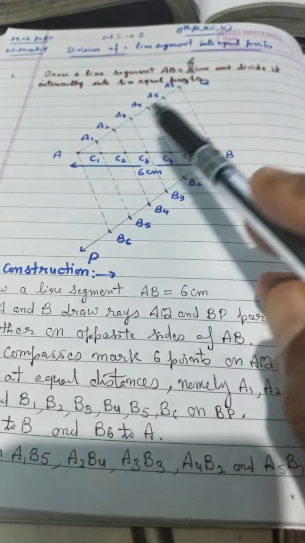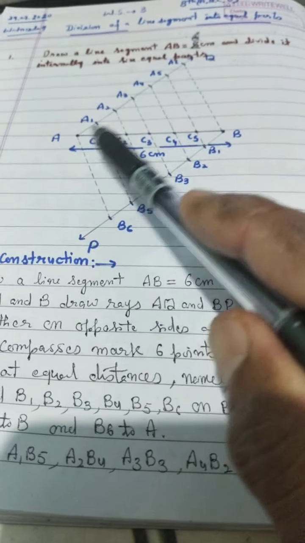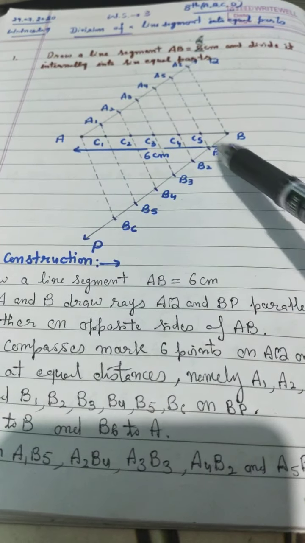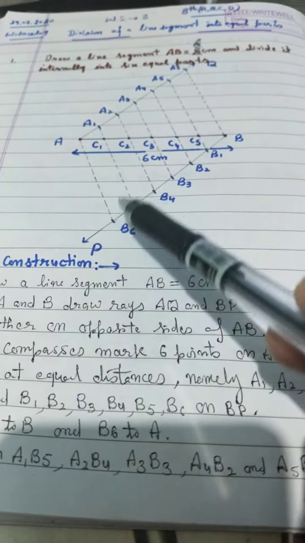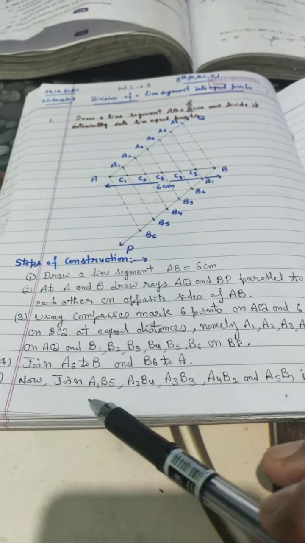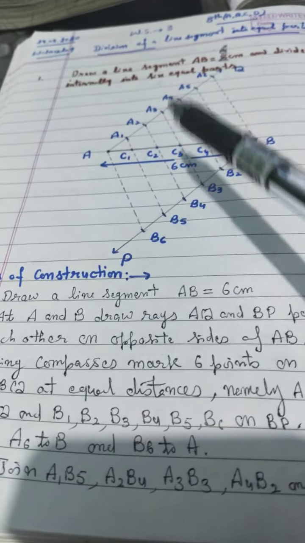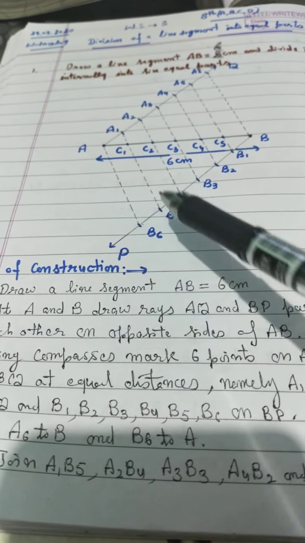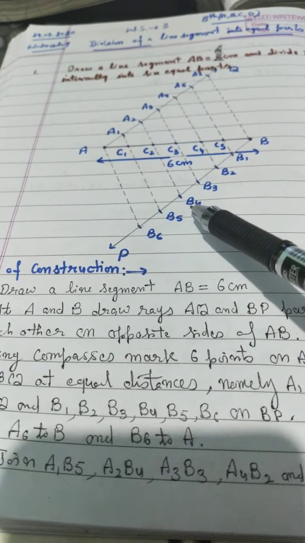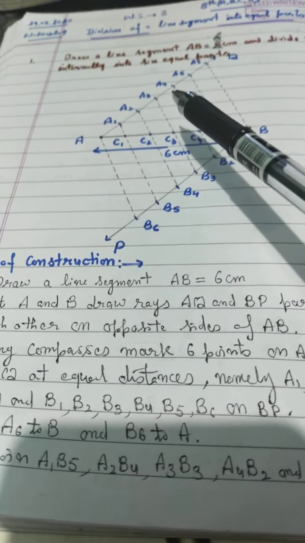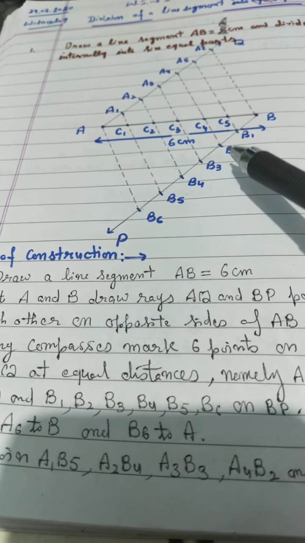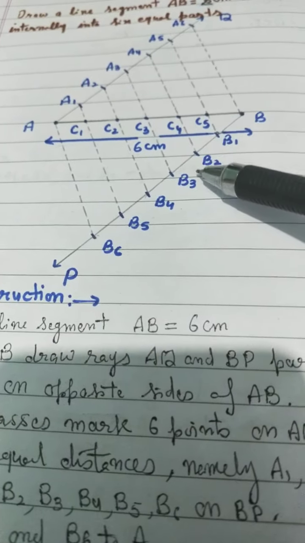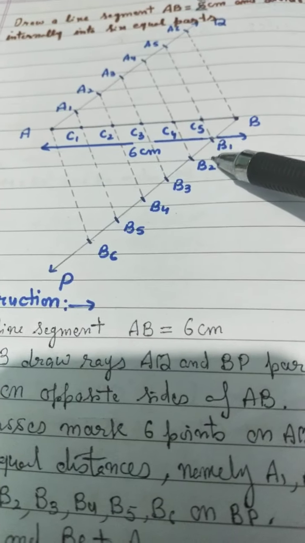If you measure their length, A6 and B6, their length will also be equal. Now divide this AB line segment into 6 equal parts. Join A1 B5, A2 B4, A3 B3, A4 B2, A5 B1.